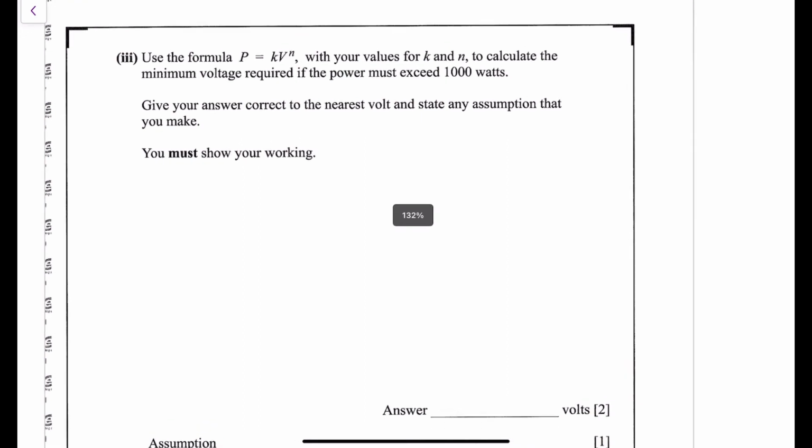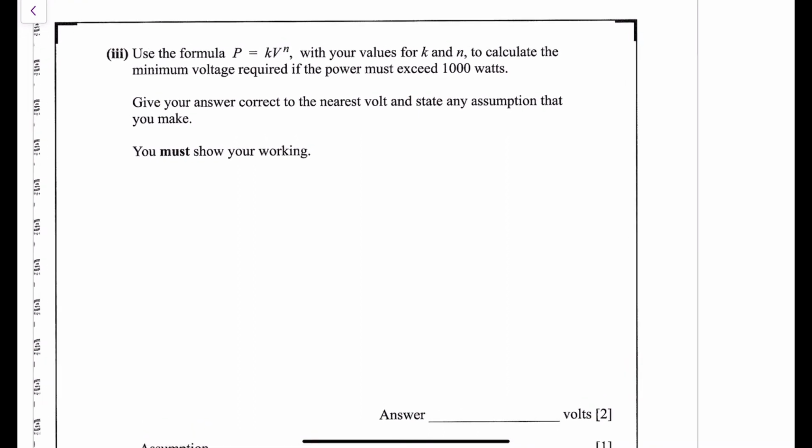Okay, next part of the question says use the formula P is equal to K V to the power of n with your values for K and n to calculate the minimum voltage required if the power must exceed 1000 watts.